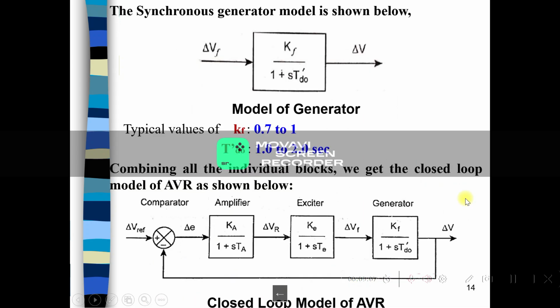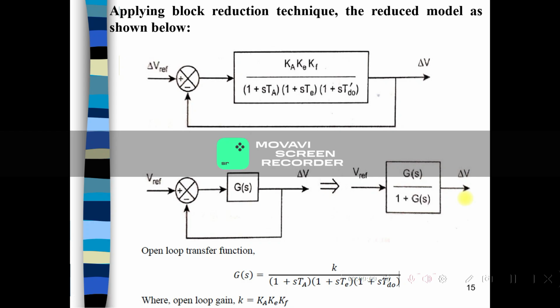So this block diagram we have to reduce using the block reduction technique. The reduced model is shown below, from del V reference to del V: Ka, Ke, Kf divided by 1 plus s TA, 1 plus s TE, 1 plus s T'd0. For this open loop transfer function, we can use the Laplace transform of the given system.